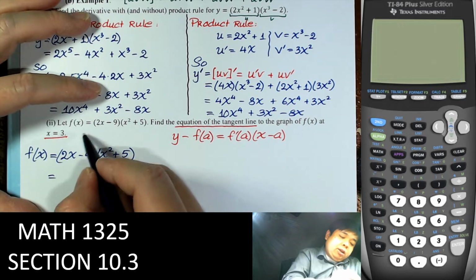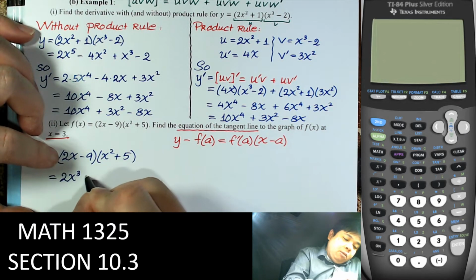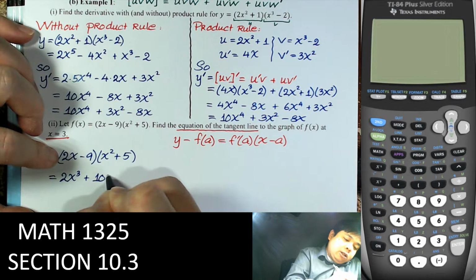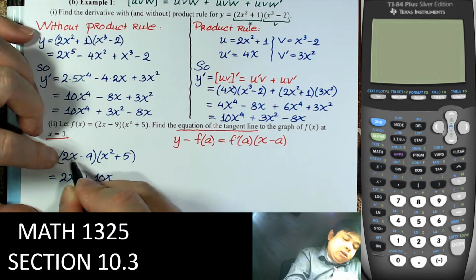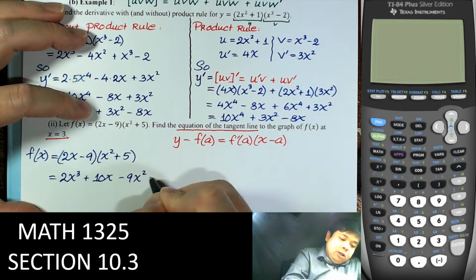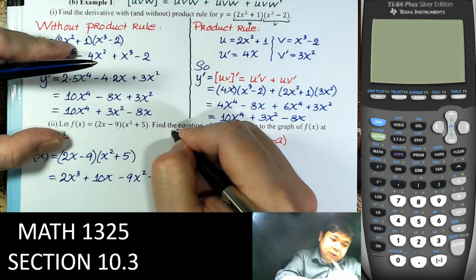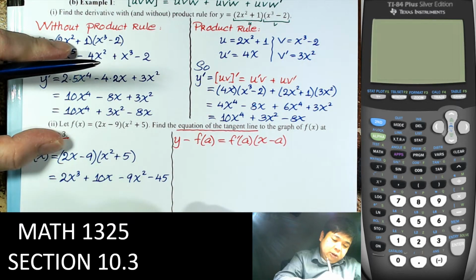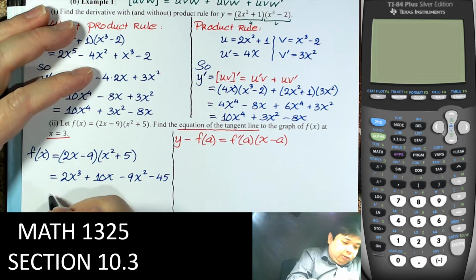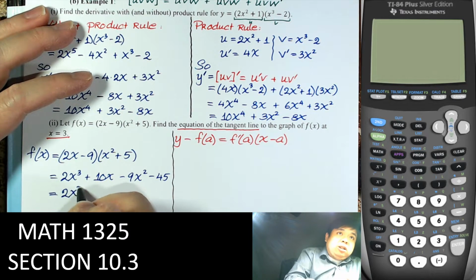So 2x cubed plus 10x minus 9x squared minus 45. Just put them in decreasing order.